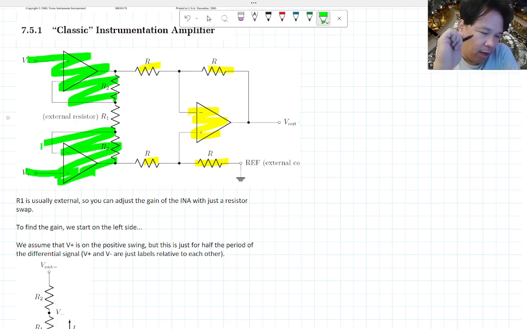They don't actually amplify a signal, because remember, when you just connect the output directly to the negative input, you only get a gain of 1.